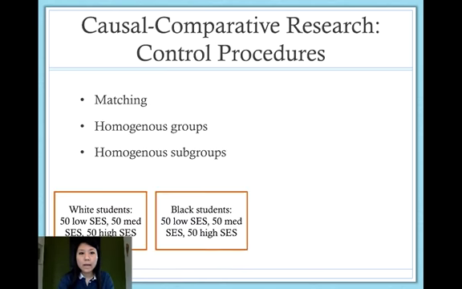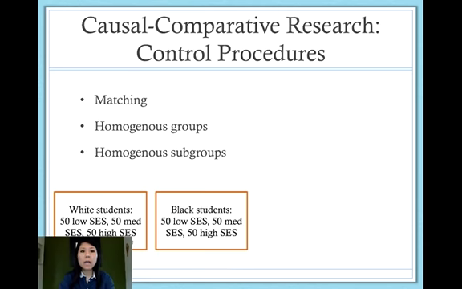One is by matching, in the orange here. So we're matching, this is just an example. I just want to simplify and say we're only interested in the differences between white kids and black kids. So with matching, I'm going to match this group of white students and this group of black students. I'm going to match them on the control variable, the variable that I want to control. And so in this example it is SES.